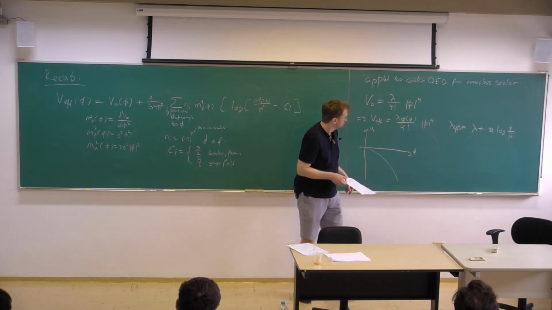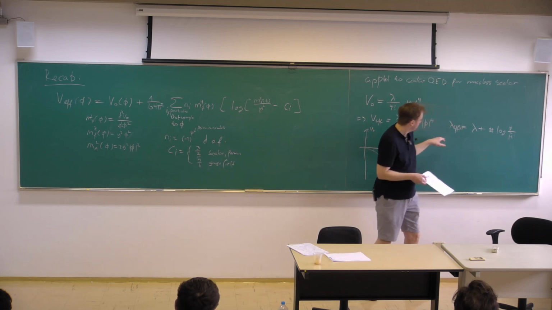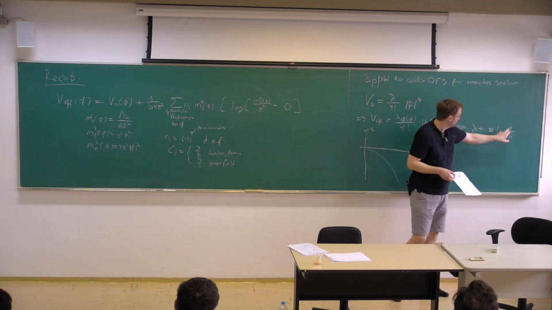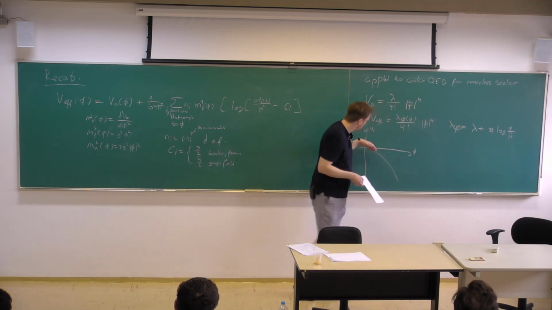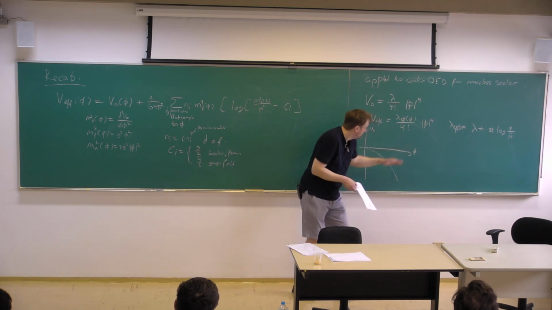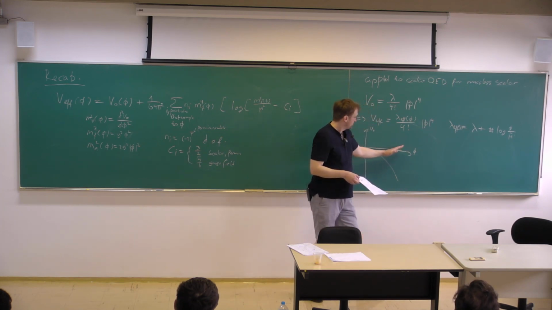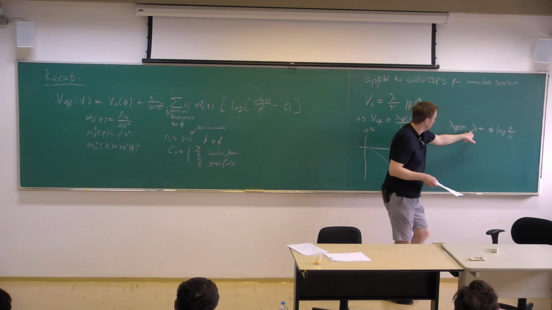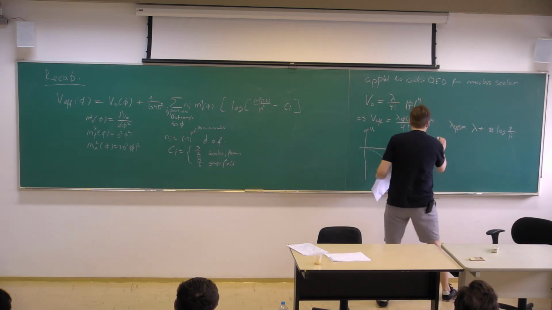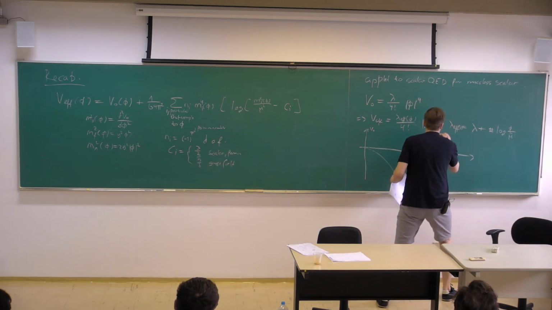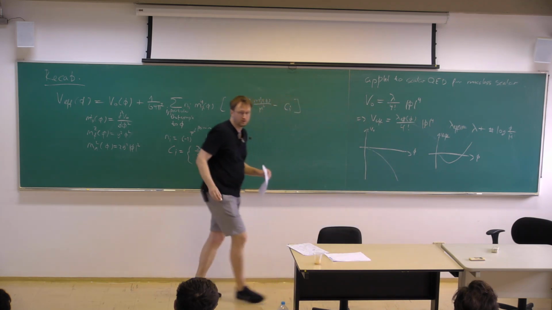But now, because you actually have to replace it by the effective coupling, the logarithmic term means that the coupling grows and eventually turns positive again. So if this is negative initially, then it should become positive, and you can get a minimum in the theory.